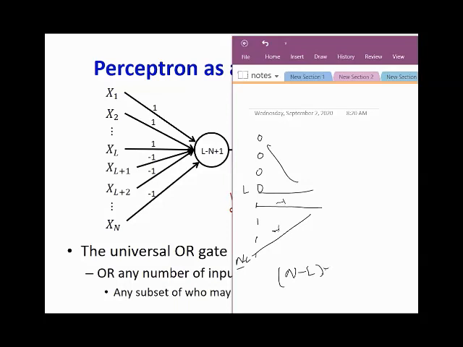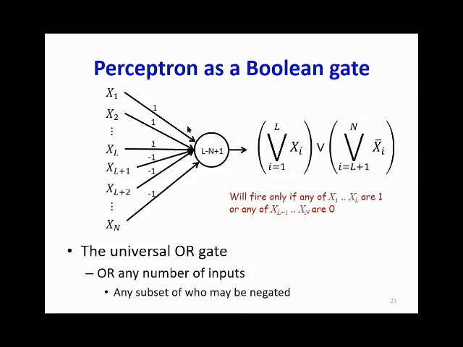So the total input that comes in is L minus n. If any one of these flips, then the total input is going to become L minus n plus 1, and it will fire. So this one is a universal OR gate, which is going to fire if any of these guys is 1, or if any of these guys is 0. So the perceptron is actually a fairly powerful little unit.